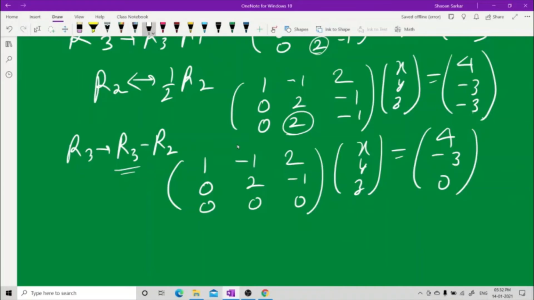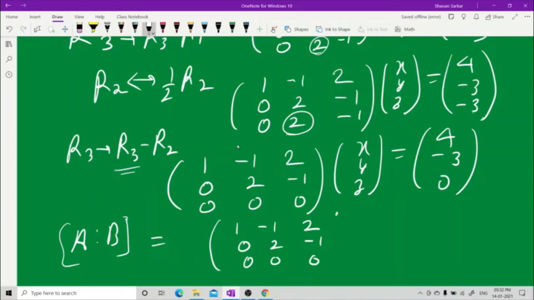So now you see the augmented matrix. So this is 1 minus 1, 2, 0, 2 minus 1, 0, 0, 0, colon, and you put 4, you put minus 3, you put a 0. Now you see, this is A, the whole thing is B.